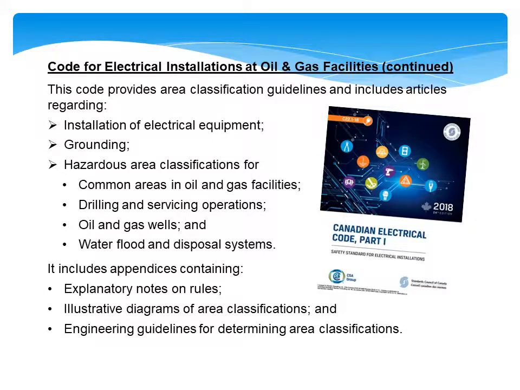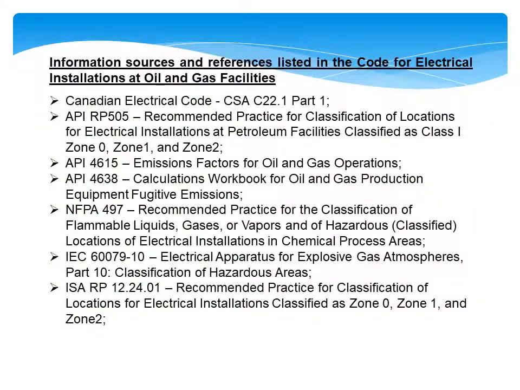It also includes appendices containing explanatory notes and rules, illustrative diagrams of area classifications, and engineering guidelines for determining area classifications. The Code for Electrical Installations at Oil and Gas Facilities lists several information sources and references for use by professionals in developing area classifications.